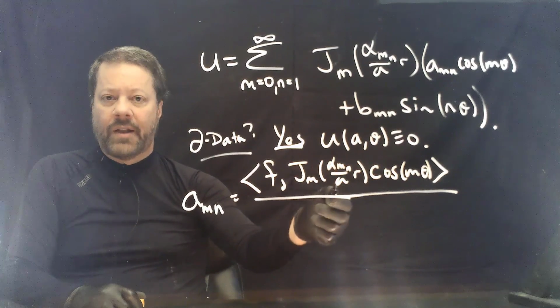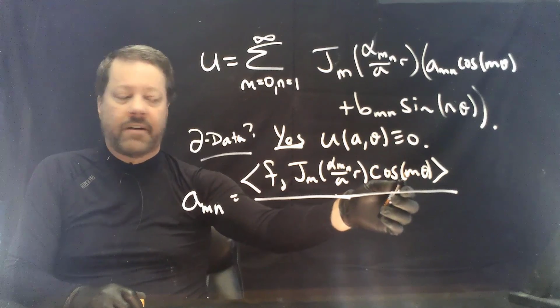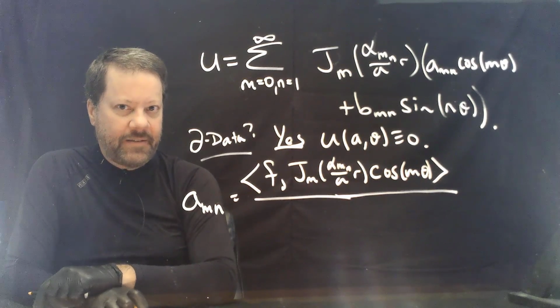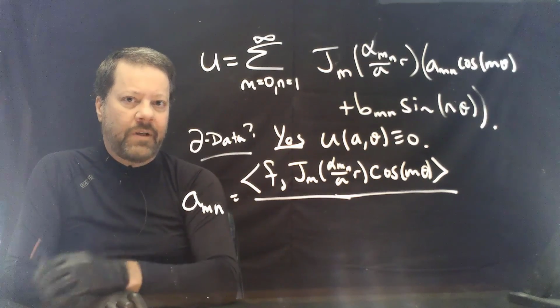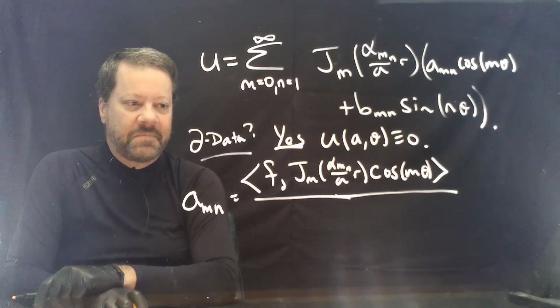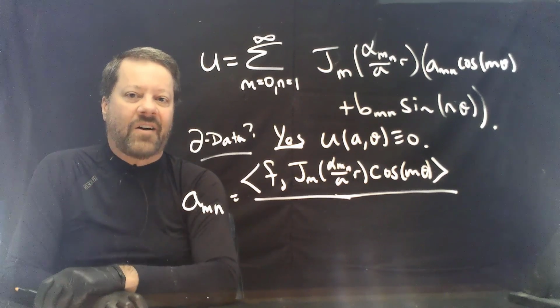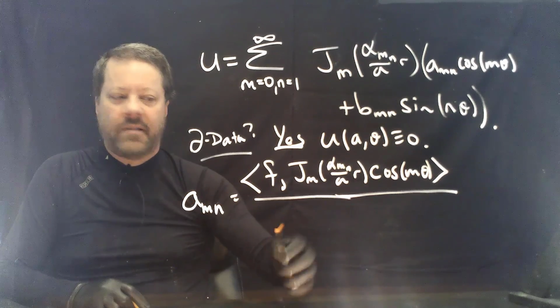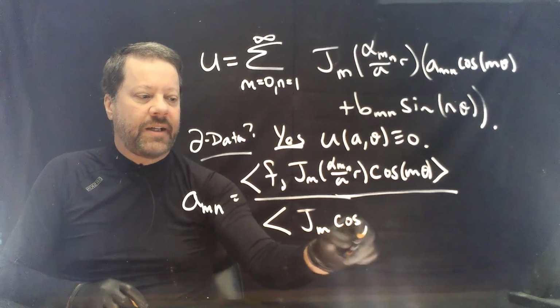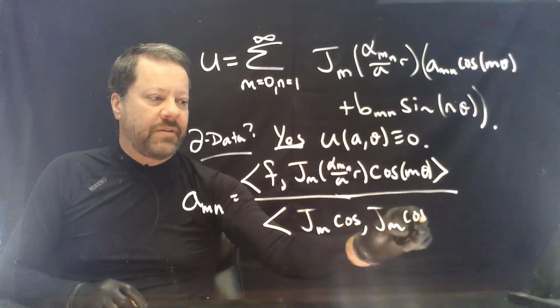It's going to be a double integral because you have two distinct variables. r will go from 0 to a, and theta will go from 0 to 2 pi. The area element will, of course, be r dr d theta, giving you that weight r automatically. We'll have to normalize this by multiplying by J_m times your cosine, J_m times your cosine.